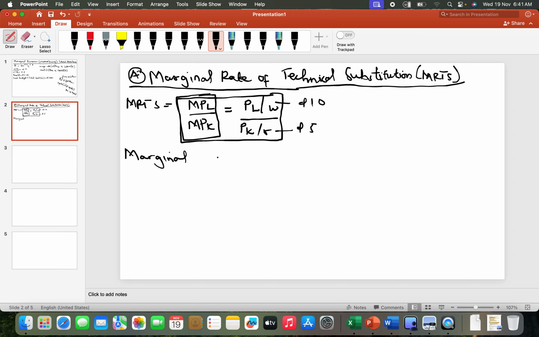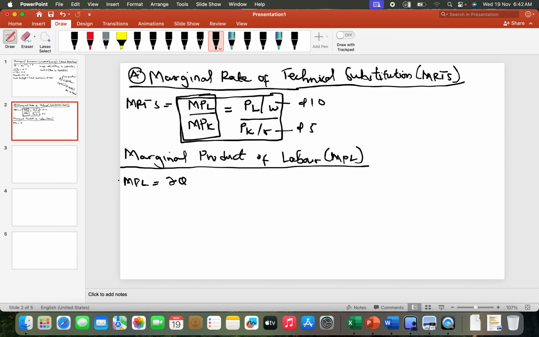The first one I'm calculating is marginal product of labor, which is MPL. With marginal product of labor, we are finding the derivative of the output function with respect to labor.